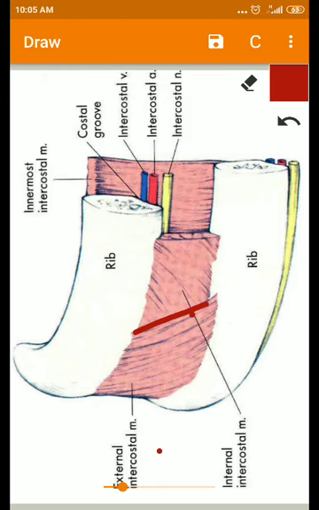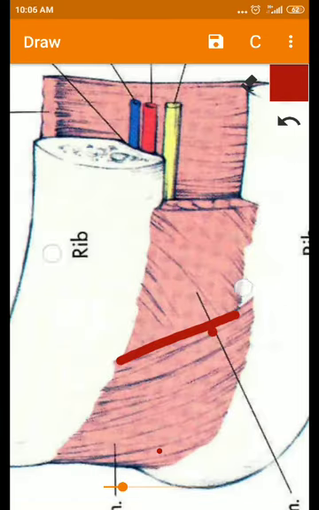In each intercostal space, it extends from the level of the tubercle of the rib behind to the level of the costal cartilage in front. Posteriorly, the rib has a neck and a tubercle, isn't it? From the tubercle, this muscle gets started.